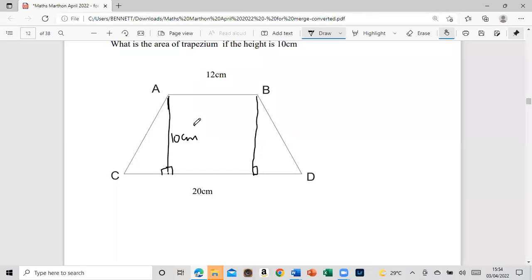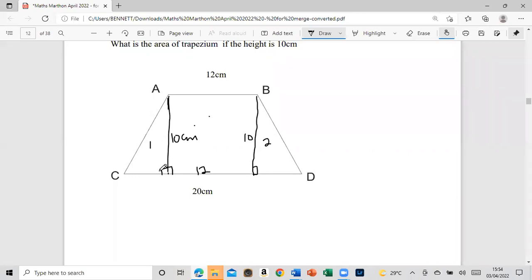I could have given you the side here, but you could have figured it out. Say you didn't know the area of a trapezium, you could have found the area for the two triangles and the rectangle. It couldn't be a square, because these are 10 already, and they gave us this to be 12.